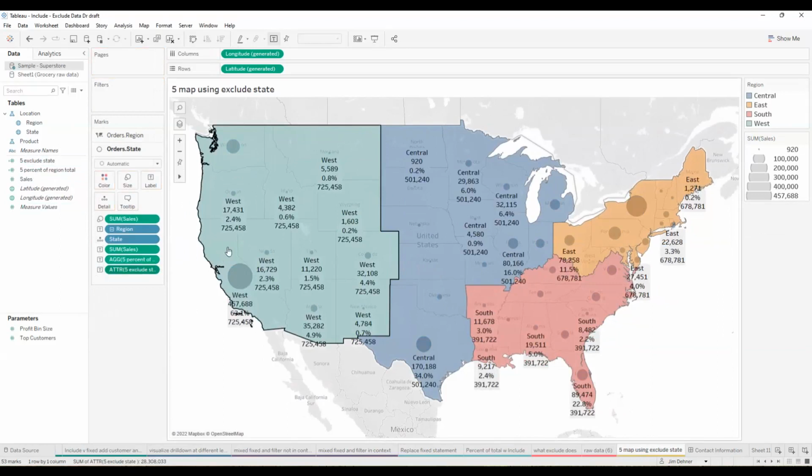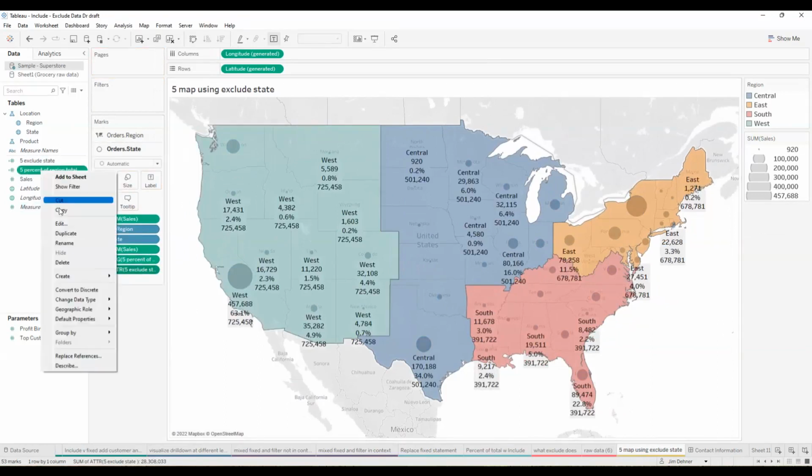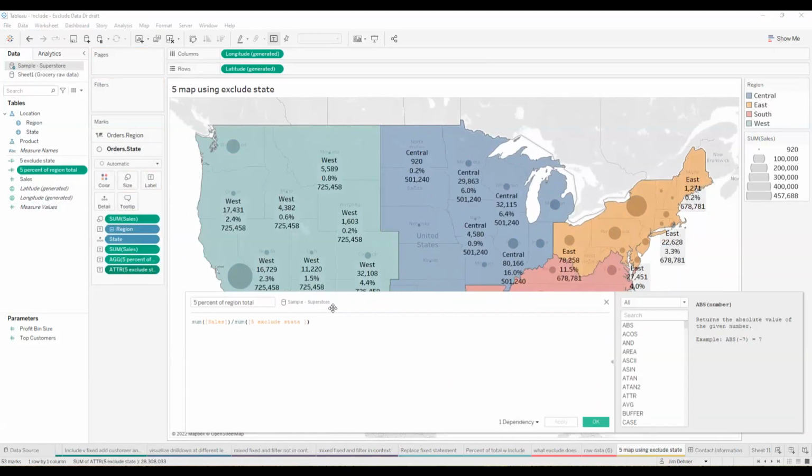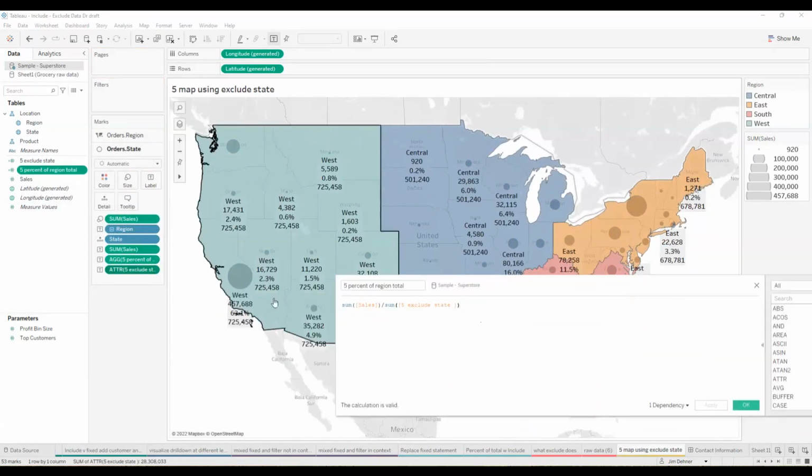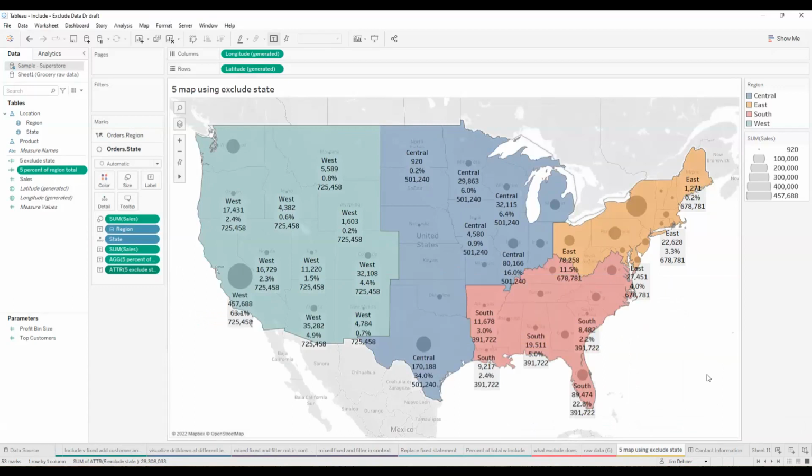We can now see that in each region, we now have the total. Here in the Western region, it's 725,000, and we can calculate that percent of total. Okay. By using an exclude statement, we can calculate the total at the next higher level, which is the region level. And we can divide each state total by the region total to get the percentage for each state.